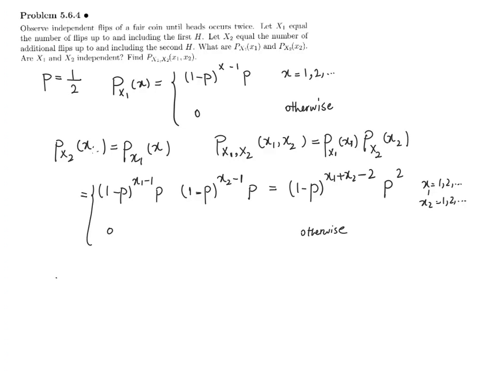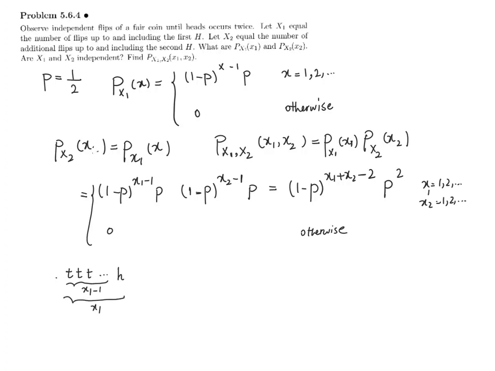If this is a little vague, we can rewrite it this way. Imagine the first trials are not heads but tails, until we observe the first head. This is x1 minus 1 failures, and the total is x1.